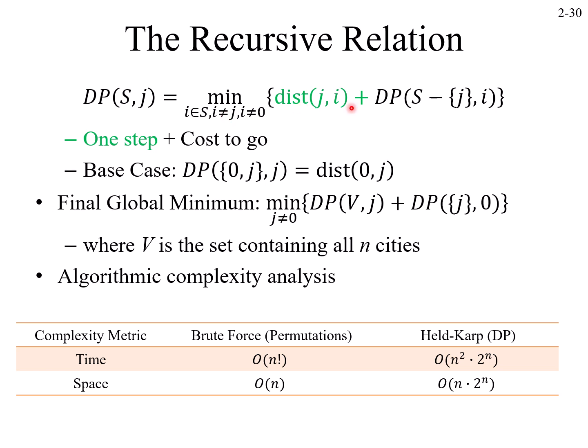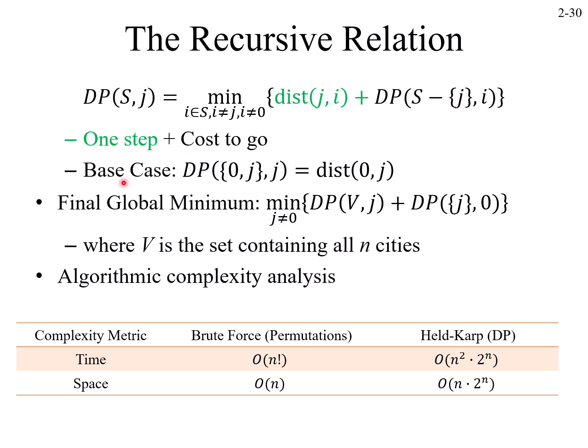So this is one step. And since we visit j, we remove j from this set. And this is our current standing. We move from j to i, so we're standing at i. So this is one step, and this is the cost to go, which is the essence of dynamic programming. And we try to find the minimal distance.